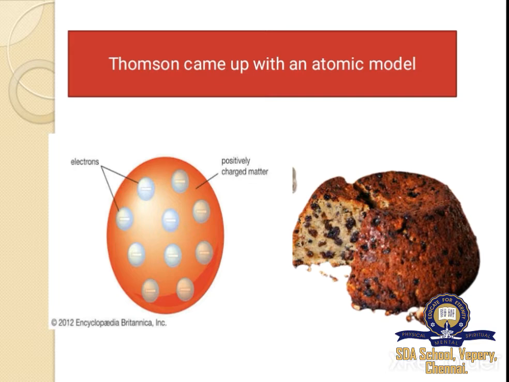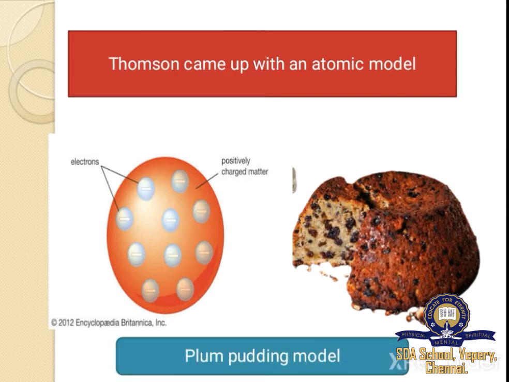In a plum pudding, there are dry fruits embedded in it, right? Likewise, the electrons are embedded in a positively charged mass. So, it is called the plum pudding model.